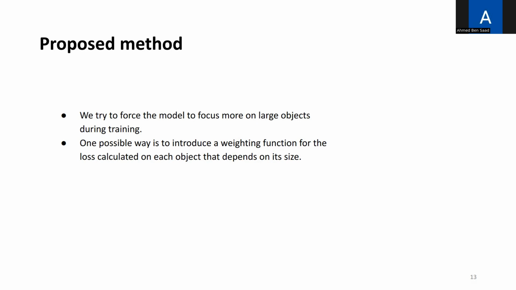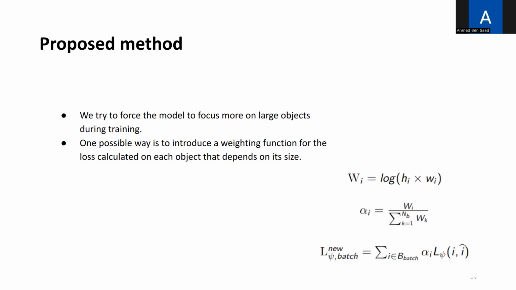for the loss. This weighting function is calculated with respect to the object size, for example, its area, and we want to weight each object in the loss with its weight. In our case, we used a weighting function of the log of the area of the object.